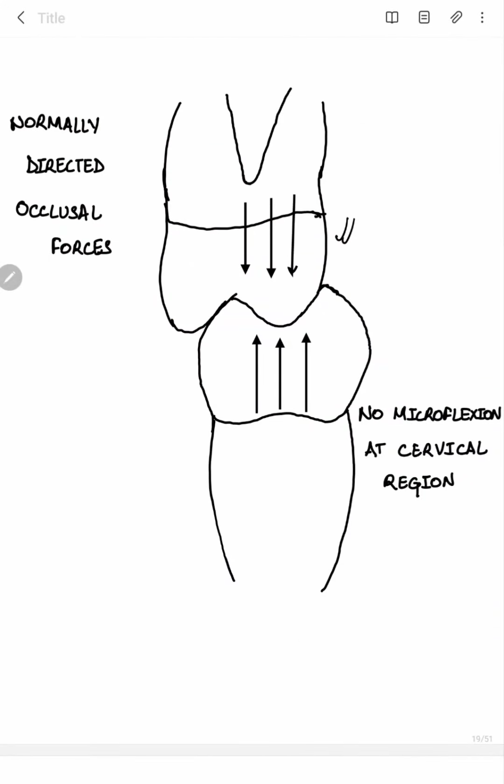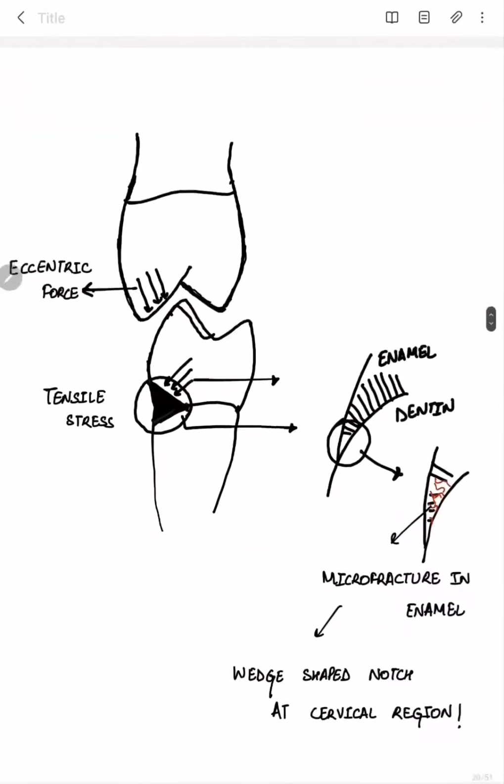So here in this picture you can see that when occlusal forces are acting normally, right, then there is no stress that is generated on the opposing tooth, right? So no microflexion at cervical region will be seen, right?